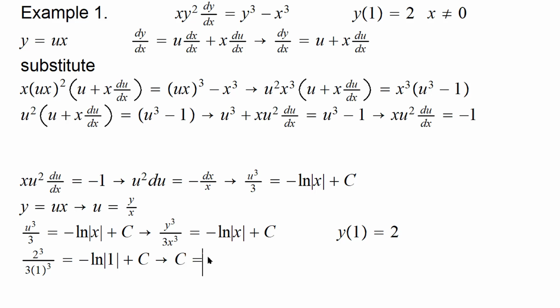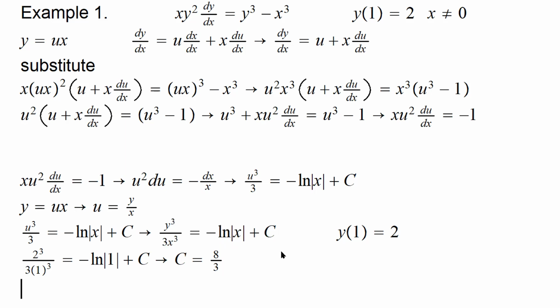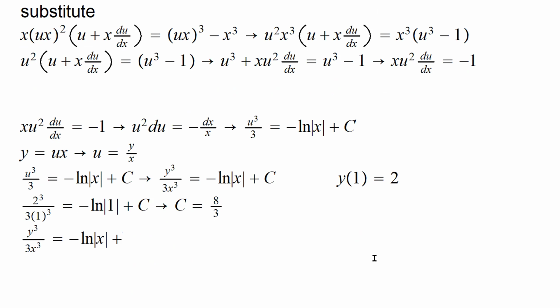So c is simply 8 over 3. And so here is our final solution of this differential equation, and we are leaving it in the implicit form because we were not asked to do it explicitly, so we can just leave it like this.